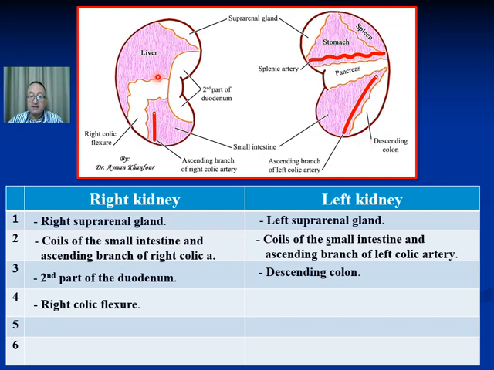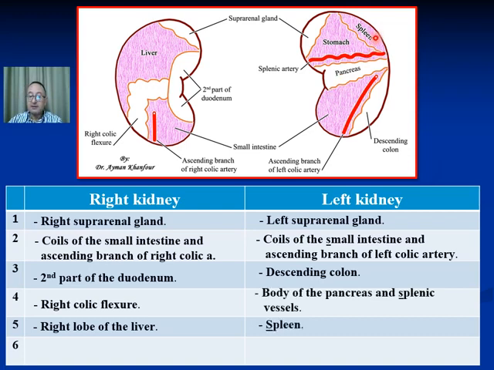What are the organs on the right side? Liver. What are the organs in the left side? Yes, I have the pancreas and splenic artery, spleen, and stomach. I'm repeating again.